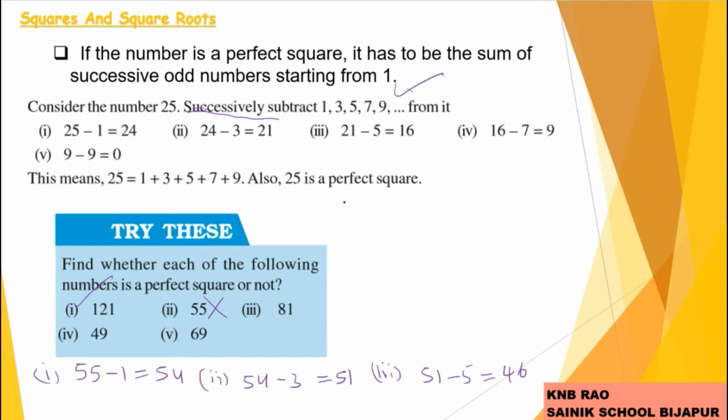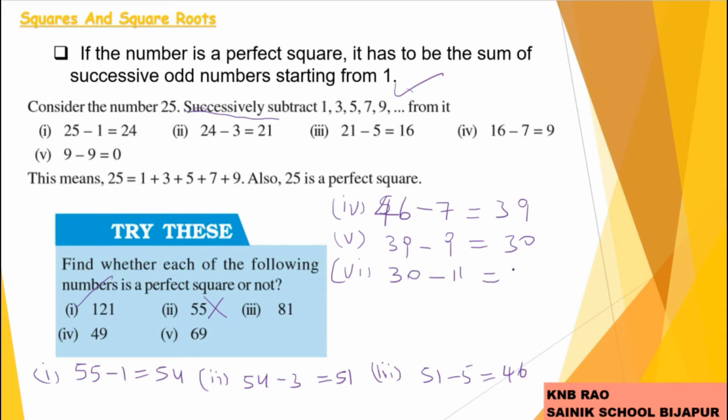So in the fourth step, 46 minus 7, the fourth odd number, gives 39. In the fifth, 39 minus 9 gives 30. In the sixth, 30 minus 11 gives us 19, and in the seventh step, 19 minus 13 gives us 6.